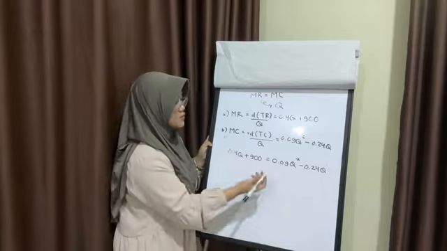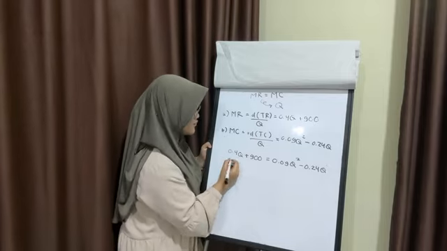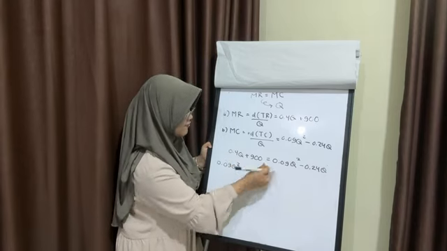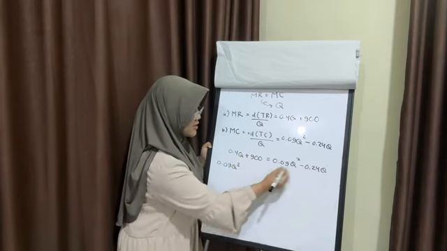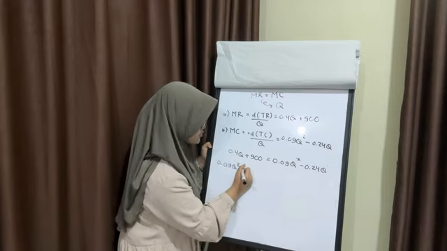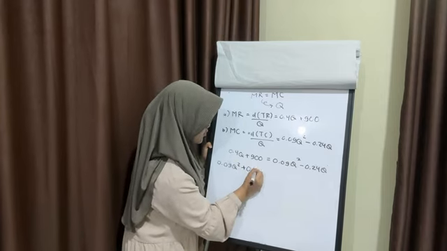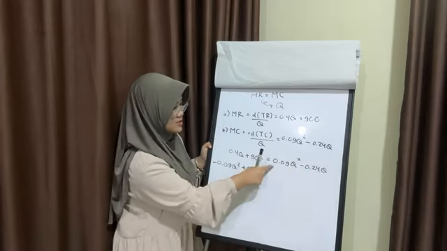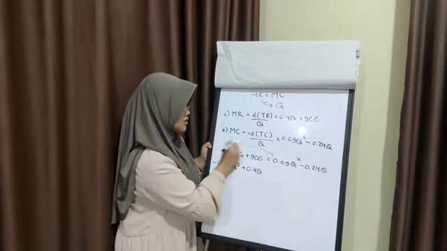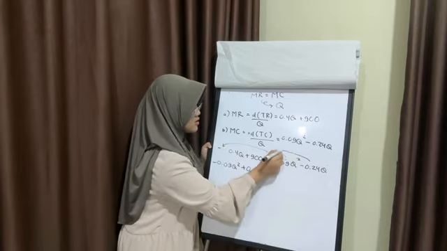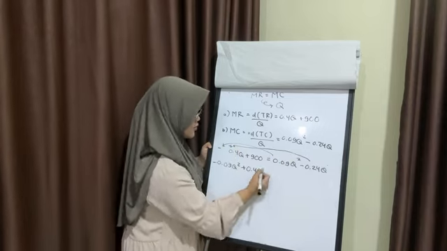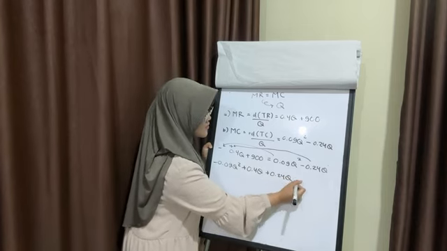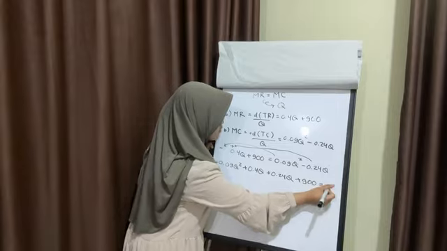And we're going to move it to the left, and it's going to equal 0. The 0.09Q squared doesn't have any friends right here, so we're going to write it down. And the 0.4Q is going to be minus, sorry, it's going to be minus because it's moving over, so the plus is going to be minus, and also this one is going to be plus, so you have to write it down as plus 0.24Q and 900 equals 0.